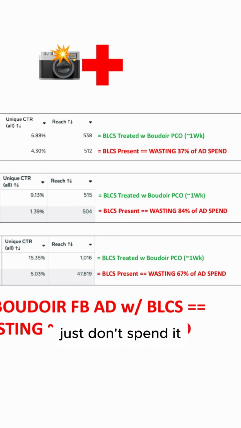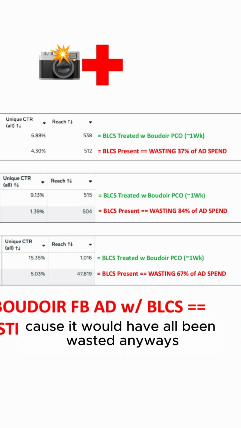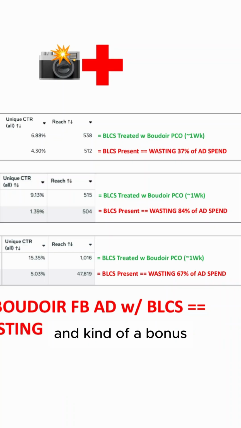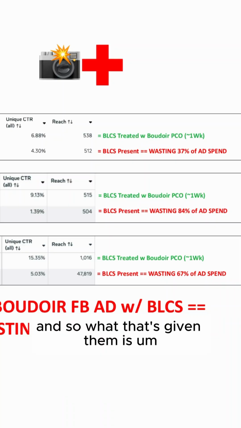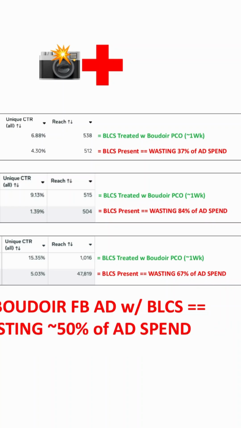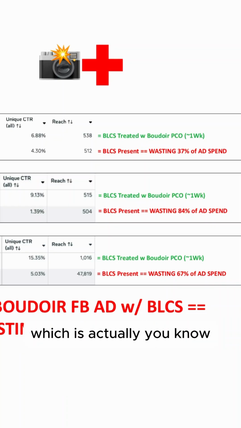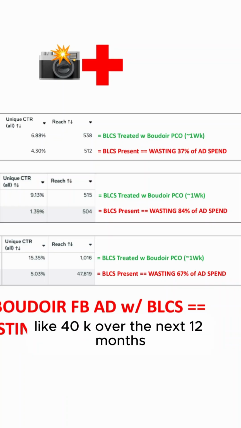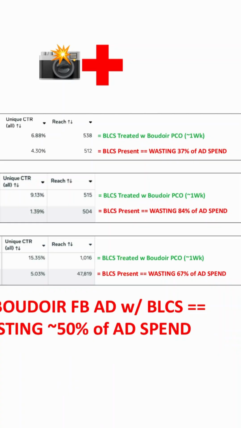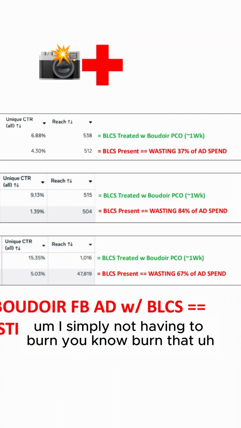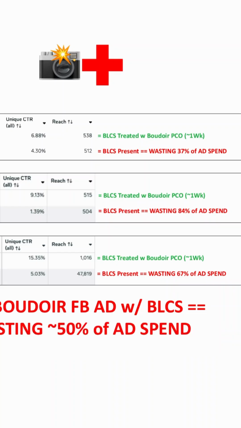They just don't spend it because it would have all been wasted anyways. And kind of a bonus, $3,700 a month bonus. And so that's given them $3,700 a month, which is actually like $40K over the next 12 months by simply not having to burn that cost.